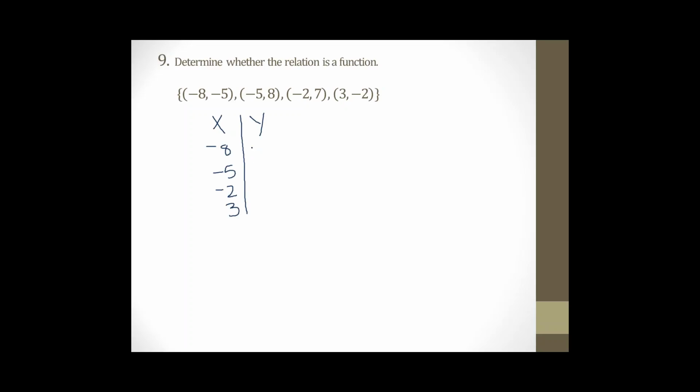And our y values are negative 5, 8, 7, and negative 2. Let's look at how they connect. Negative 8 goes to negative 5. Negative 5's y is 8. Negative 2's y is 7. And 3's y is negative 2.